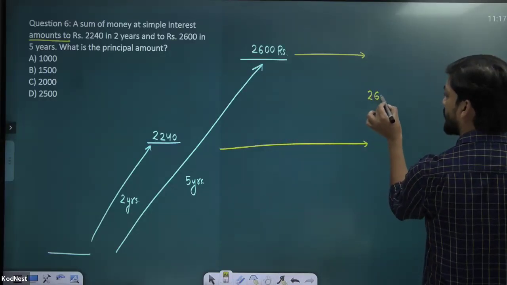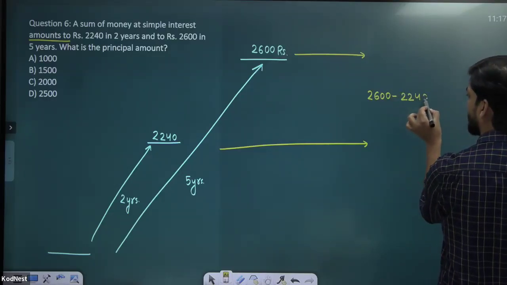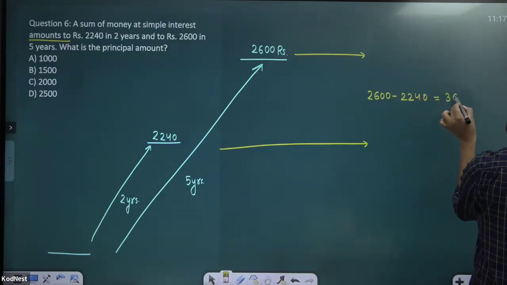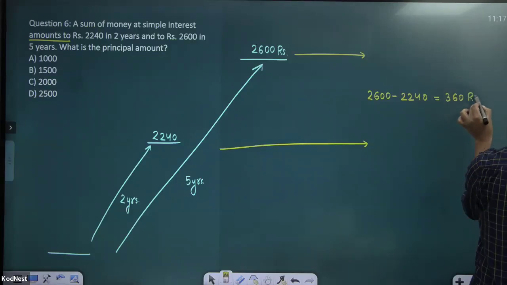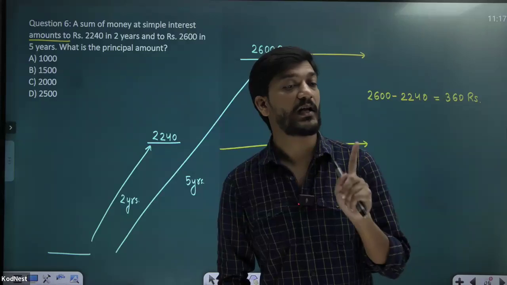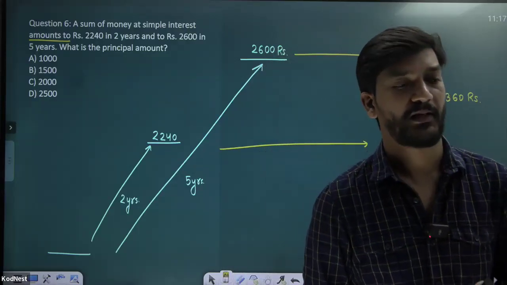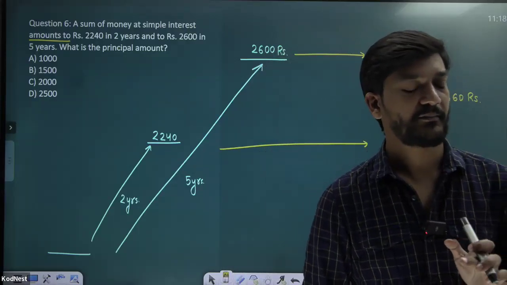You will say, sir, 2600 minus 2240, 360 rupees. What is the reason that a 360 rupees change is there in the last 3 years? Why so?